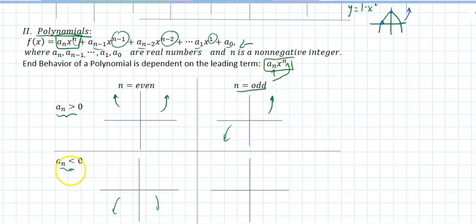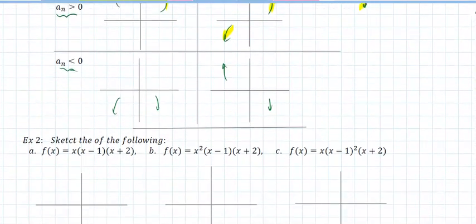And if a sub n is negative, it will switch. Anytime I think of an even power, I always think of x squared. Of course, we're not getting this part, we're getting only this part. And if I see y equals x cubed, that's what a cube would look like. So as you notice, the ends do match the up and down, depending on whether the leading coefficient is positive or negative.